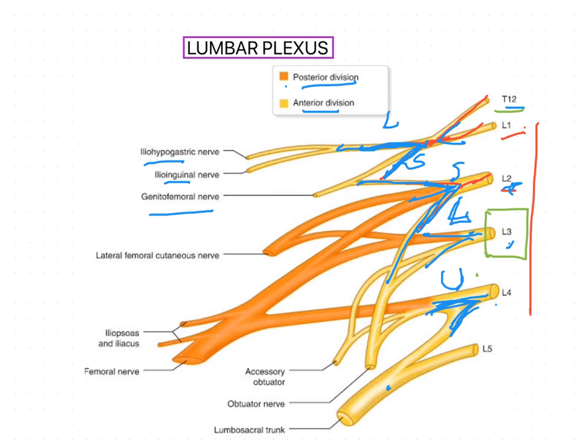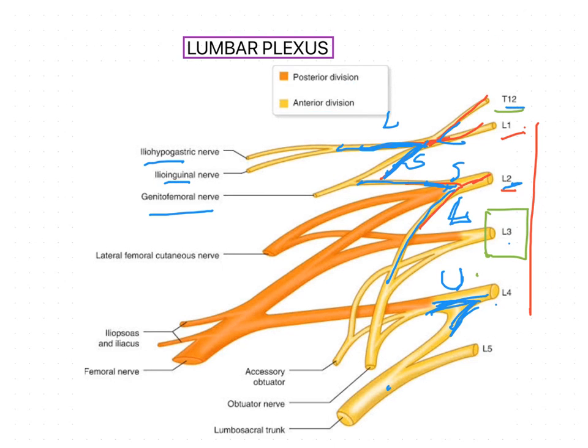The L4 upper division is also divided into dorsal and ventral branches. Now it is clear? I will show you these dorsal and ventral branches.